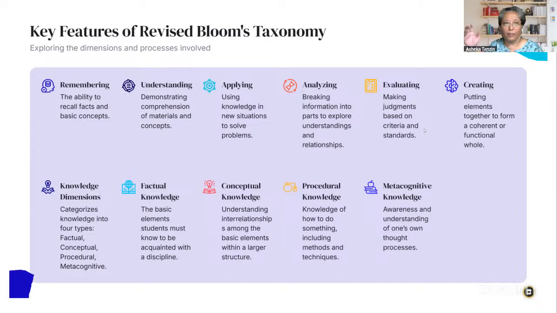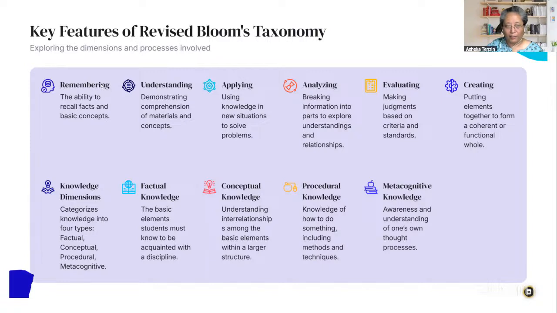So now, what are the main features of the revised Bloom's taxonomy? In the previous Bloom's taxonomy, there were only these 6 levels, cognitive levels, and the names were also different. Okay. Now, in the revised Bloom's taxonomy, the cognitive levels are the same, 6 in number, but their titles have changed. The first very basic cognitive level is remembering.